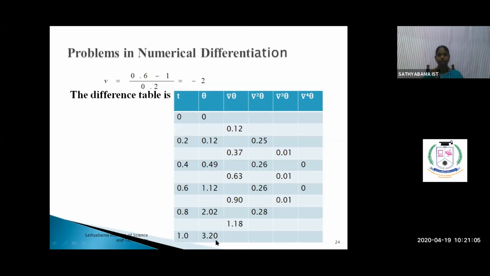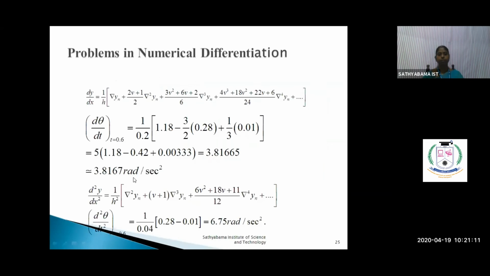So this last result only we should use, this last value. Okay. So now the values are written and you are getting d theta by dt. That's my velocity at t equal to 0.6, 3.8167 radian per second.